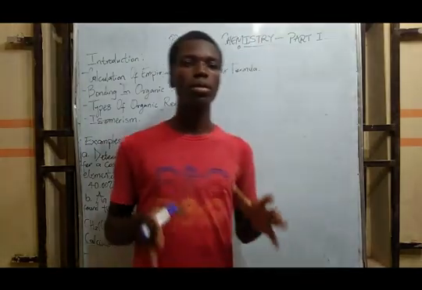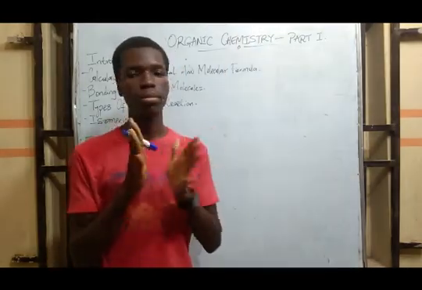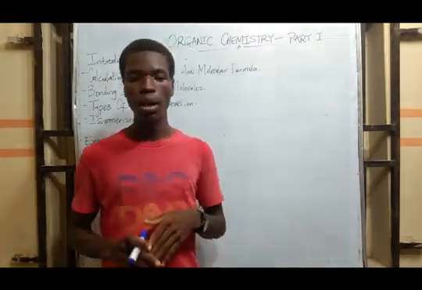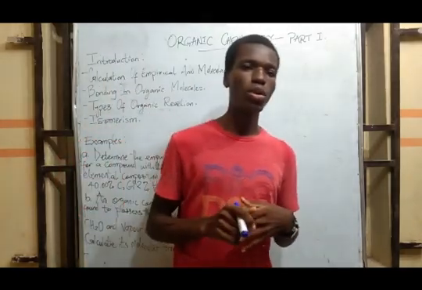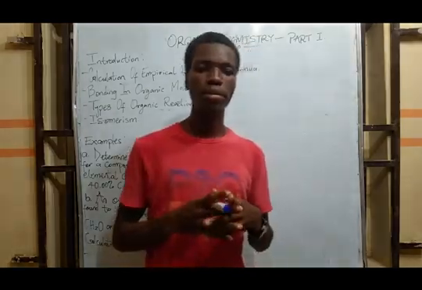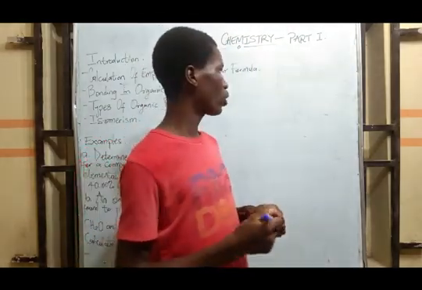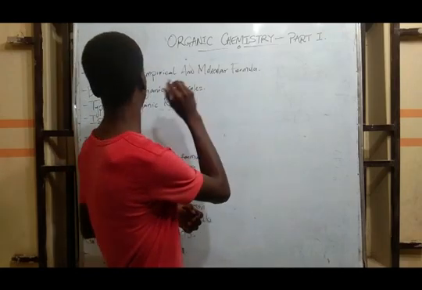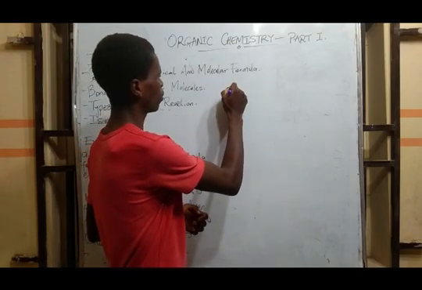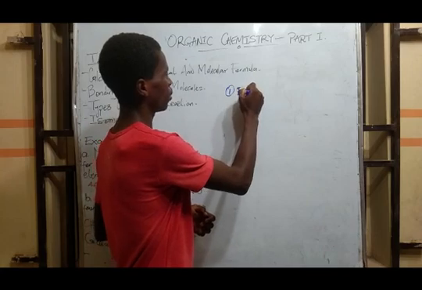Before we talk on the calculation of empirical and molecular formula, we will look into different aspects in which organic molecules are represented. The first formula is the empirical formula.